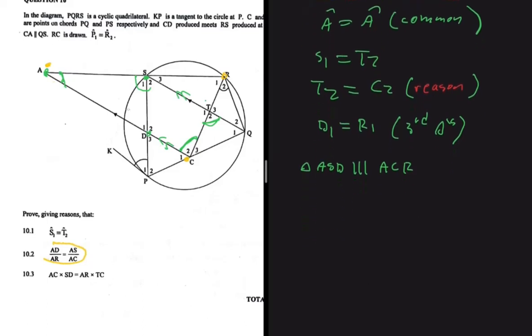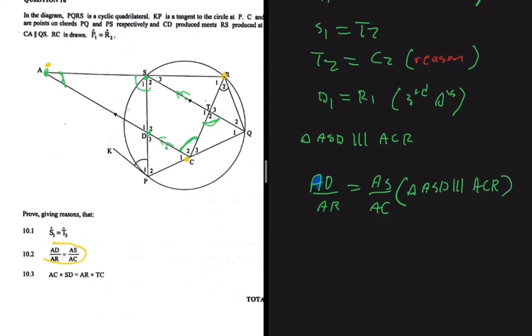Now we're saying that AD divided by AR can be equal to AS divided by AC if and only if triangle ASD is similar to triangle ACR, and that's how we do 10.2, right?